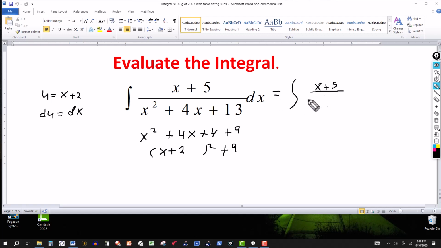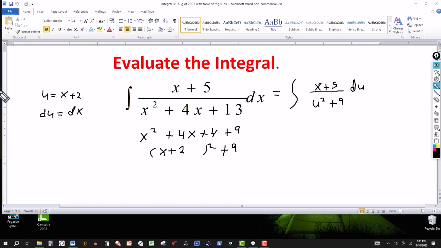So in the denominator, the x plus 2 will be your u, so this will be u squared plus 9. And of course, du and dx are the same. So I put a du here.